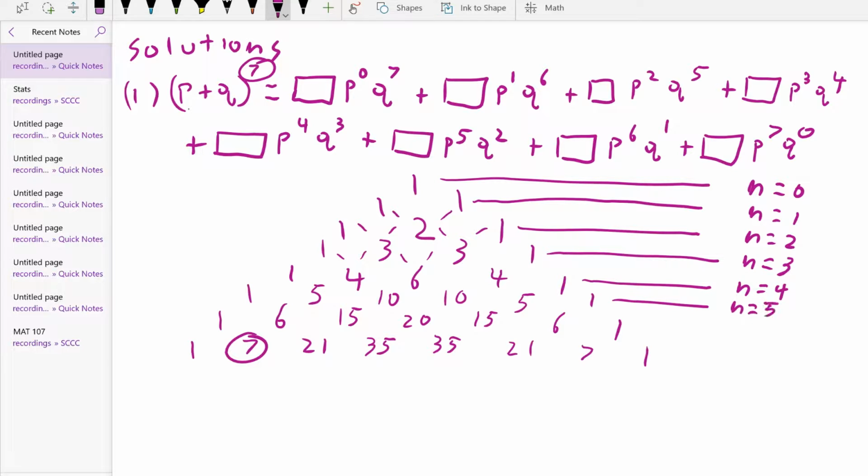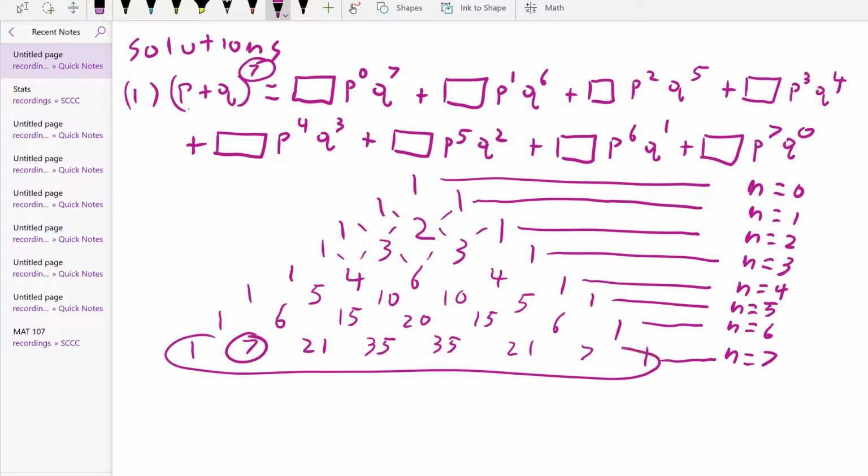N equals 5. N equals 6. And finally, as we need in this expansion, we have n equals 7. And that's why this is the row of Pascal's triangle that we will use for this particular binomial expansion.